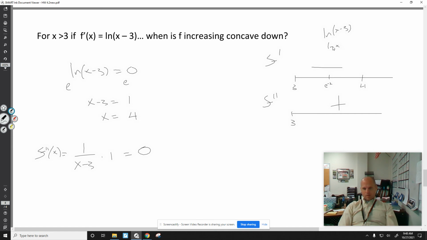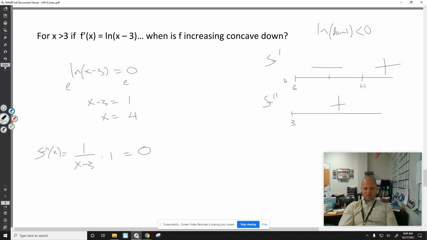I don't want you to worry about this one that much, because it's not obvious to plug in a certain value and get negatives and positives. You could do the analysis that the log of a very small number, some decimal, is going to be negative, and then the log of a big number is going to be positive.